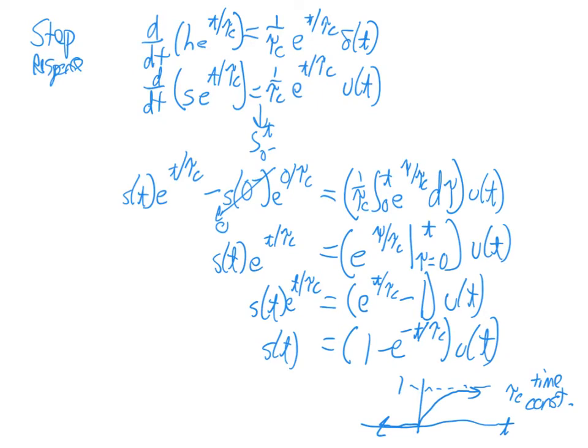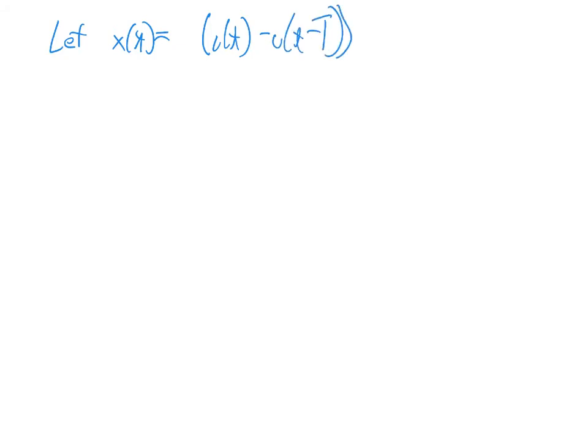For our final example, we're going to tie it all together. We are going to let the input function be a rectangular pulse, and the rectangular pulse is going to start at 0 and end at time capital T. I'm going to force the area to be 1.